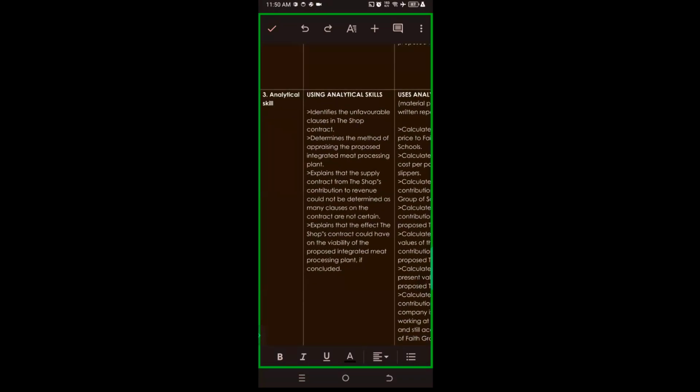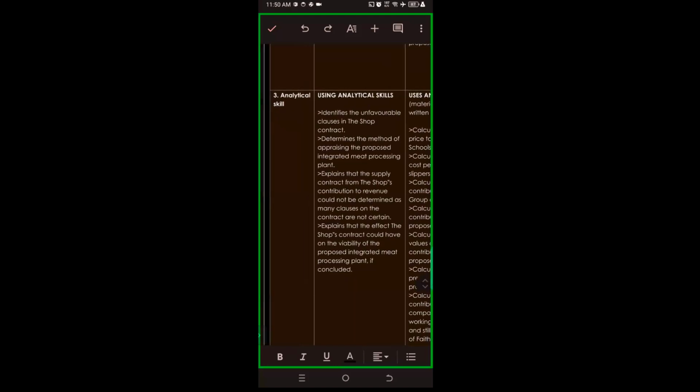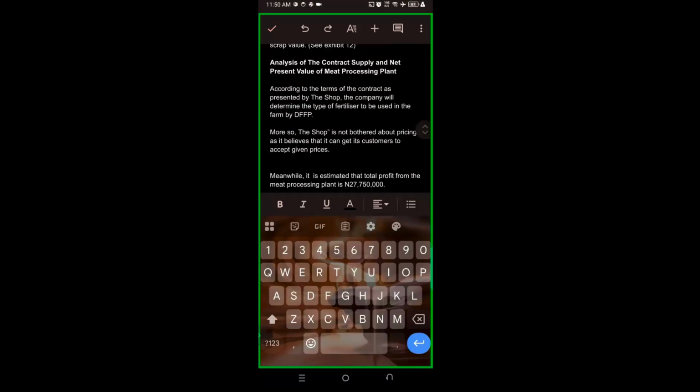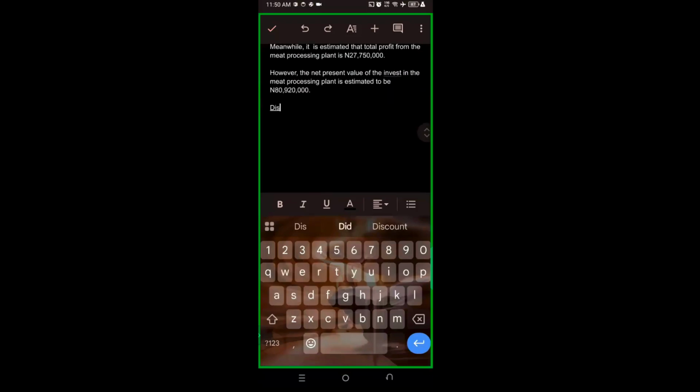So here is where we interpret whatever we have put up there, right? So we can discuss it. So I can say, discussion or interpretation of Bishop contract supply service and integrated meat processing plant.